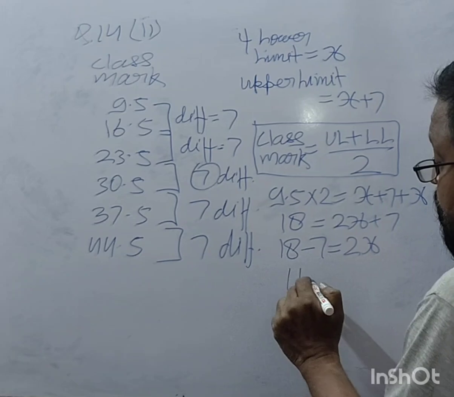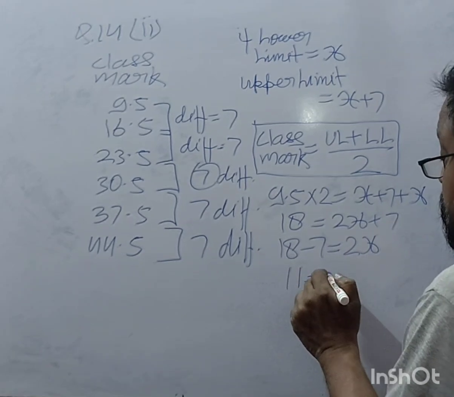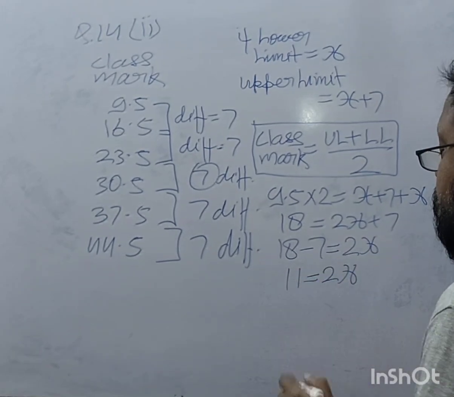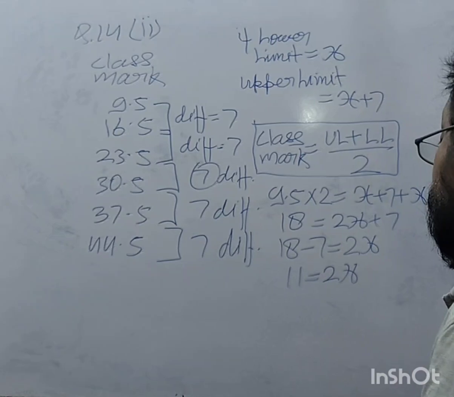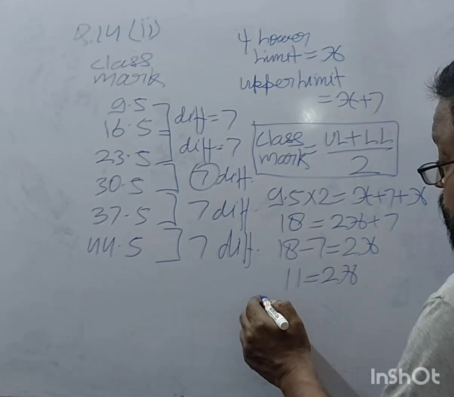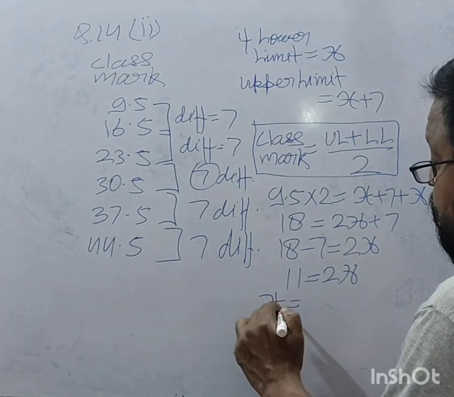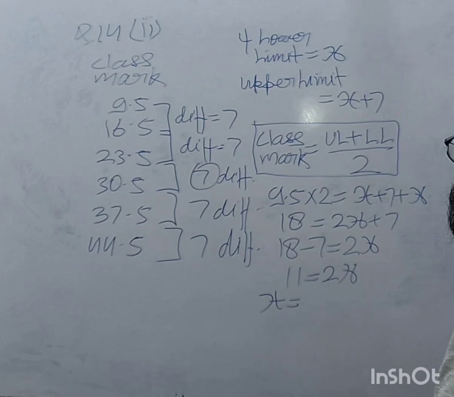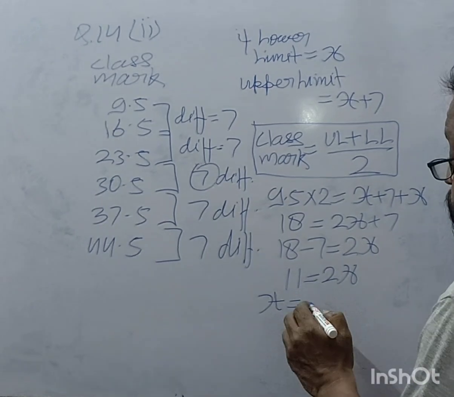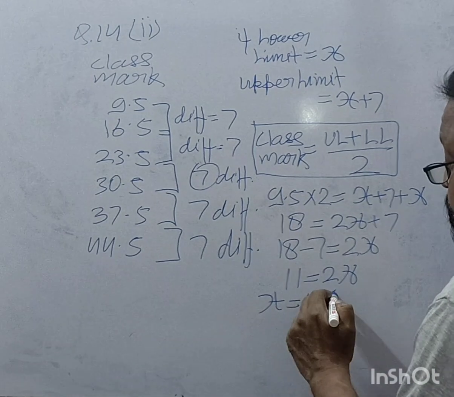It becomes 11 upon 2 equals x. So x is equal to 5.5.